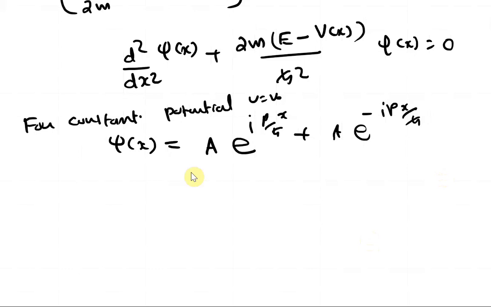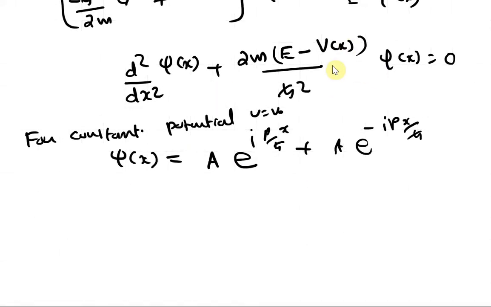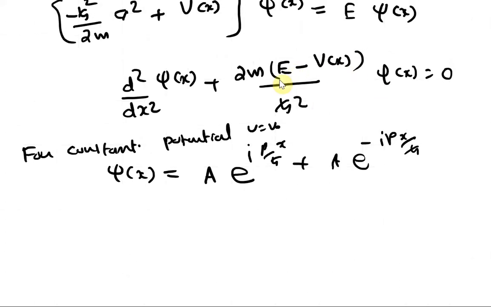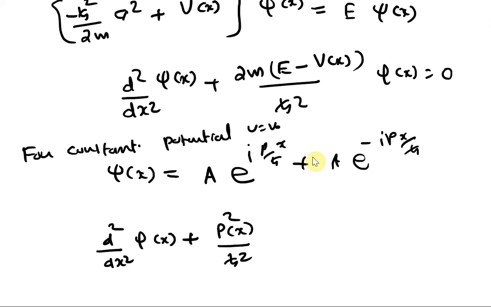Now what we have to see is what change the function is going to have when we have a change in this potential. Obviously we define it in the same way. We'll write it separately and give an equation number: d square by dx square psi of x plus p of x square divided by h cross square psi of x is equal to 0, and this is my equation number 1.